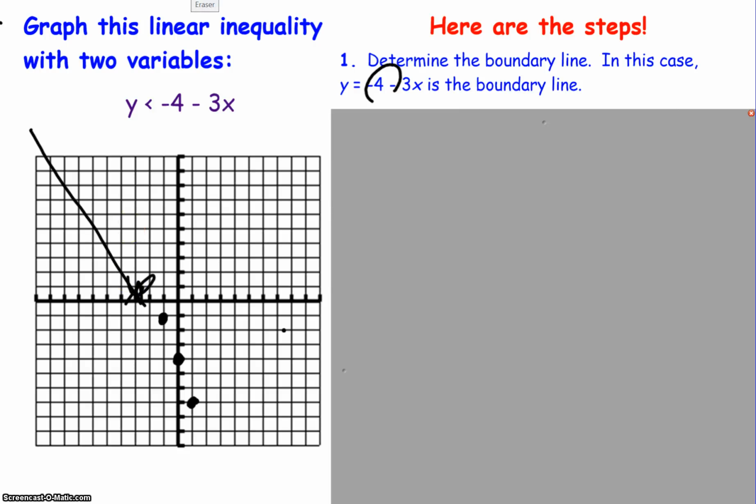Is it going to be dashed or is it going to be solid? The answer is it's going to be dashed because of the inequality sign. And you know I can't draw straight lines.